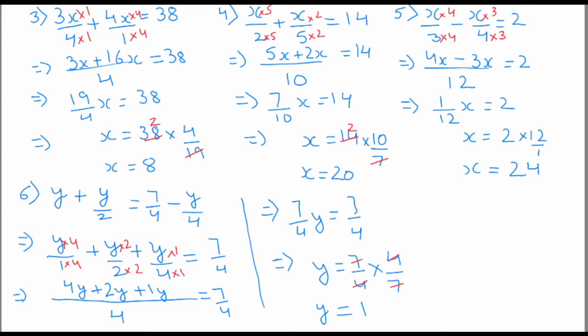Now we are moving to the 7th question. In the next page, 7th question is 4x over 3 minus 7x over 3 equals 1.